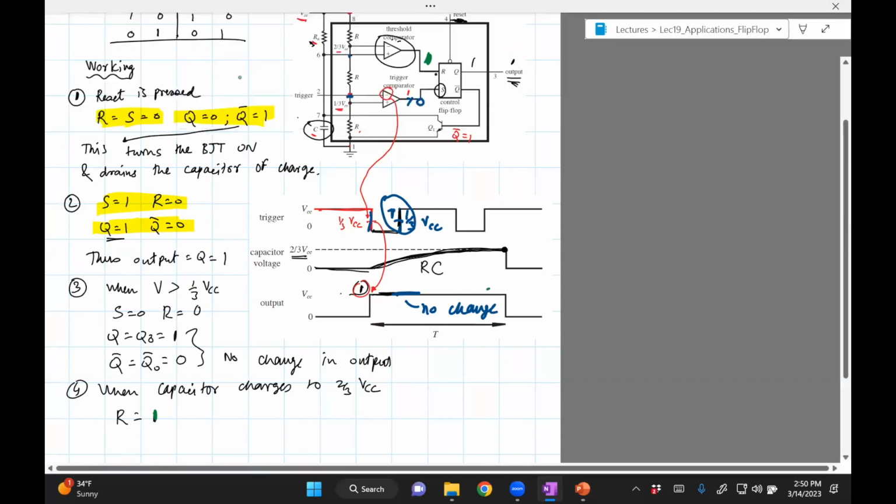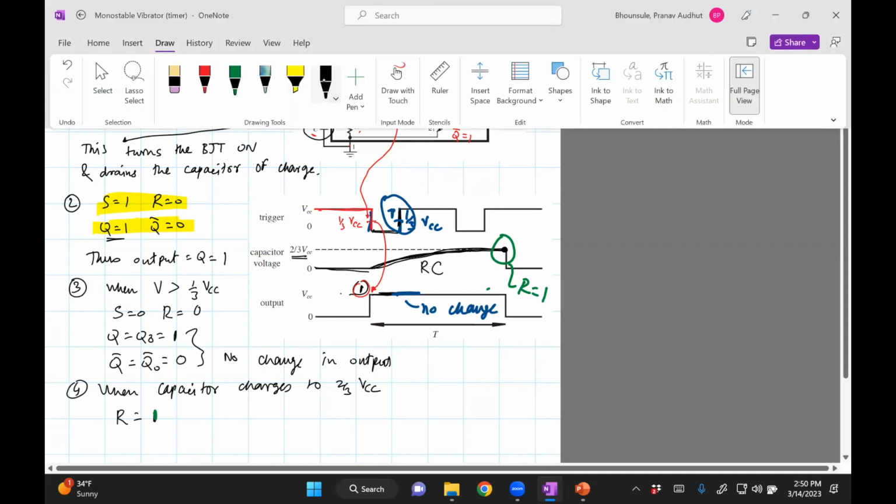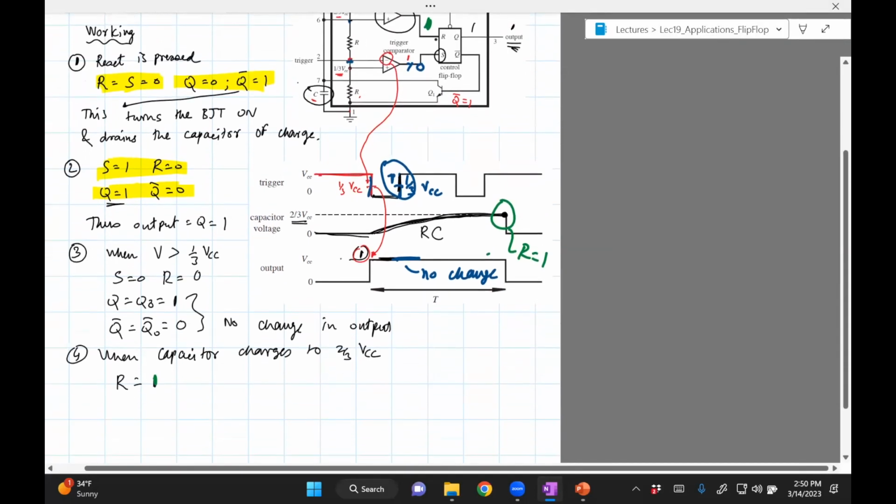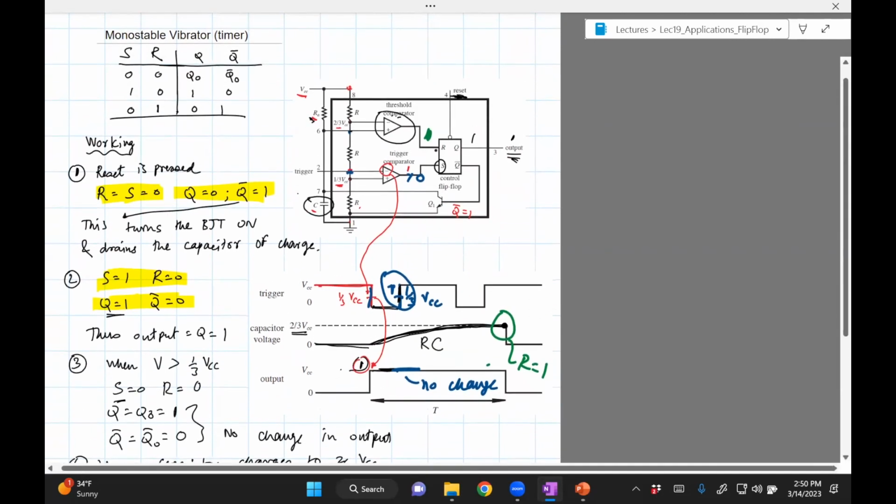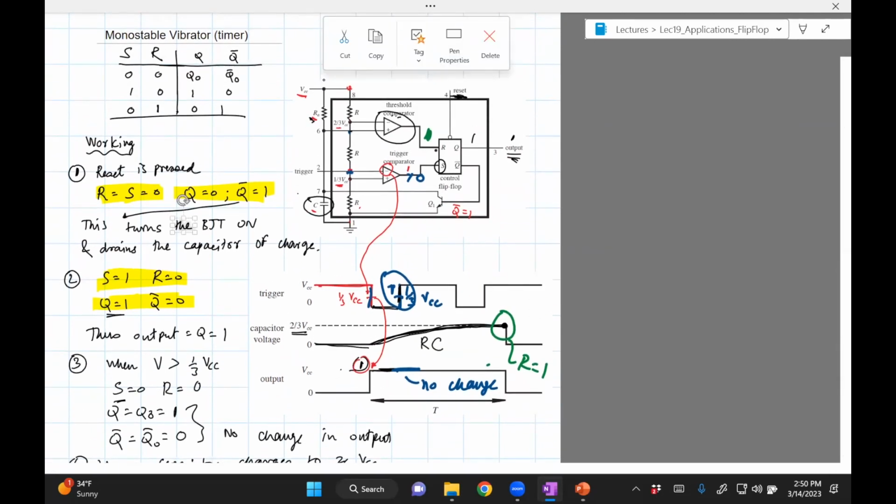Let me just show this on here. Okay. When R becomes 1, S will be unchanged from the previous one. But when R equals 1 and S equals 0, Q becomes 0, right?